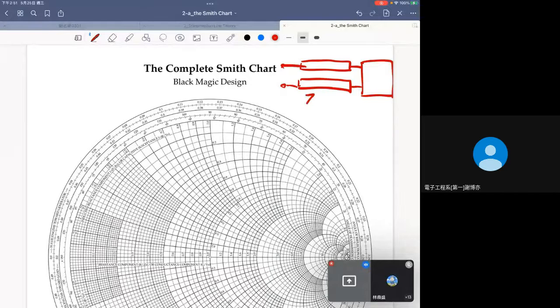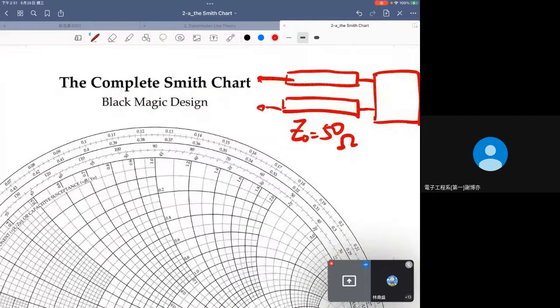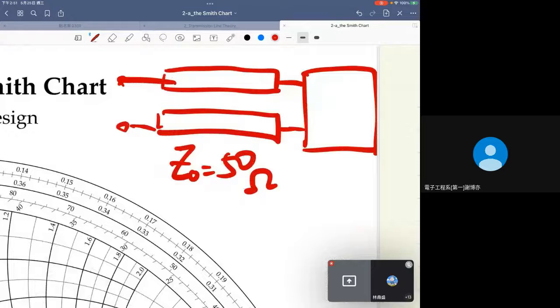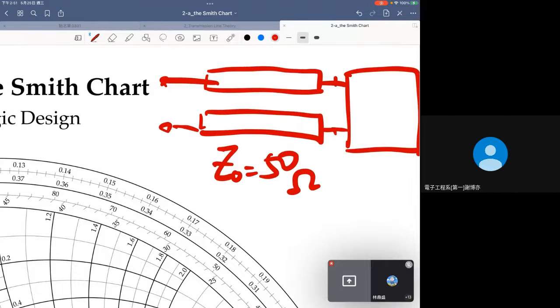If the Z0 equals 15 ohm, I connect this transmission line on 100 plus j15 ohm.